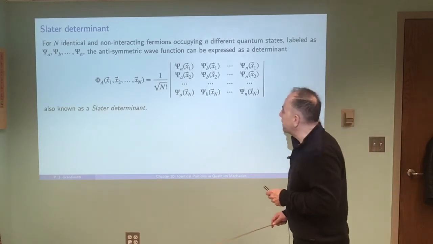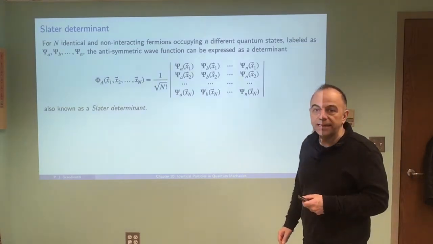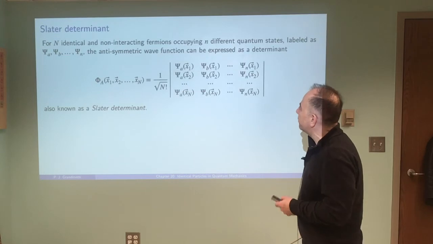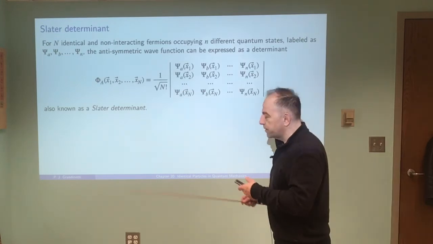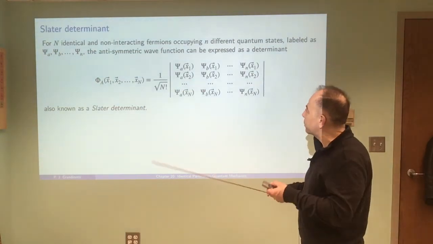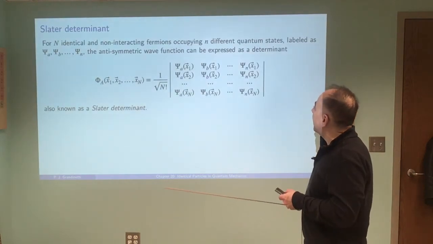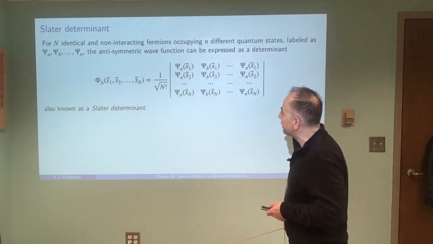Now, there is a really simple way that you can construct an antisymmetric total wave function from all these non-interacting electron wave function products, and that is to evaluate something called a Slater determinant.